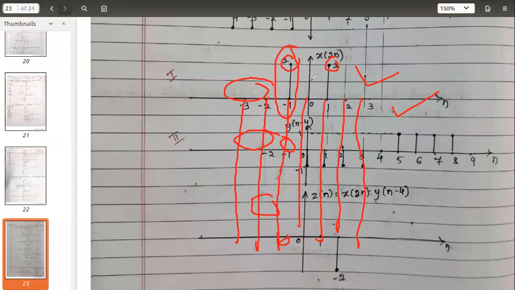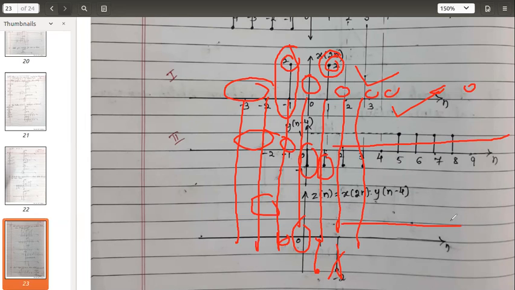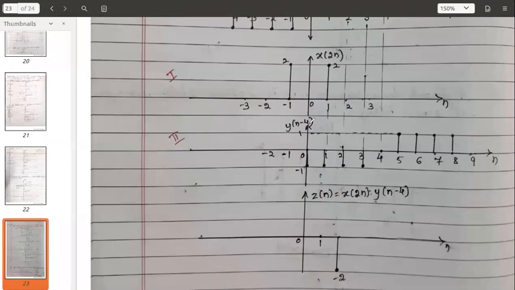At 0, nothing here is 0, but negative -1. 0 into -1, 0. At 1, the amplitude is 2 and -1. Here you should get -2. This is not correct. And then here it is 0, all values ahead are 0. So 0 into any value, you don't have any amplitude after 1. So this is how we completed this problem.